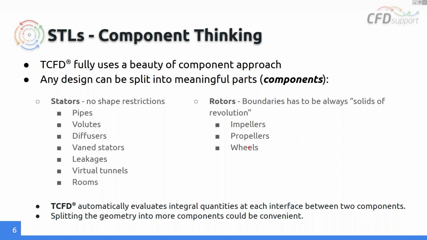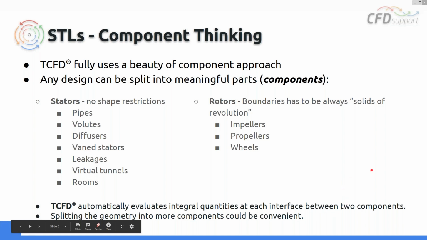This means that you can define each component separately, generate the mesh separately, and then put everything together to generate a full geometry. An advantage of this splitting is that you can then automatically evaluate all the integral quantities which are important for the particular application at each interface between two components.